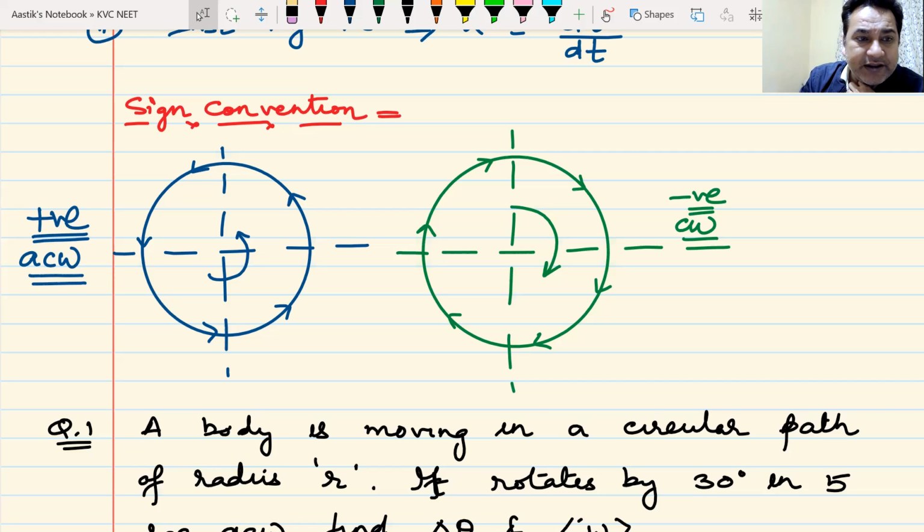Let us now move ahead, and I hope I have told you in the previous class what we are going to do in the next class. Yes or no? I had asked you to note down the equations of motion.